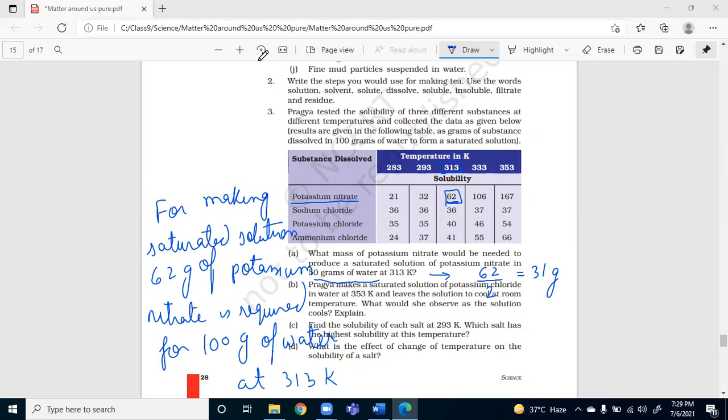Excellent, Dhanvi. Very good. What about maths? I'm very happy with your science performance, Dhanvi.